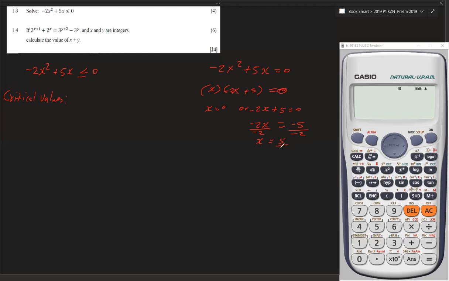So x equals to 5 over 2, which is basically 2.5, right? Perfect. Therefore, your critical values are x equals to 0 or x equals to 2.5, right?